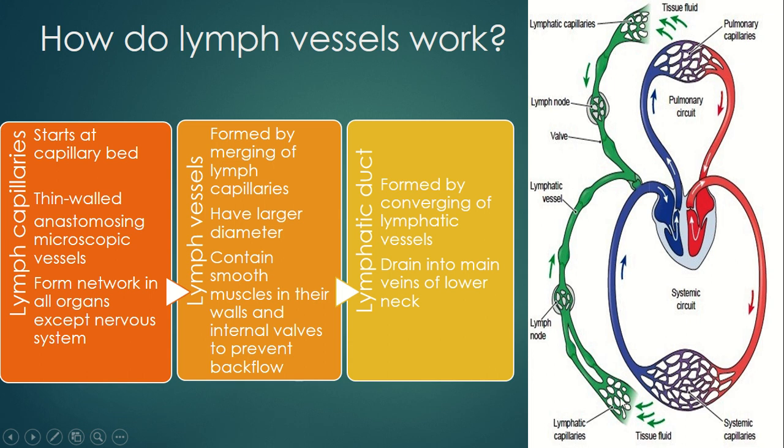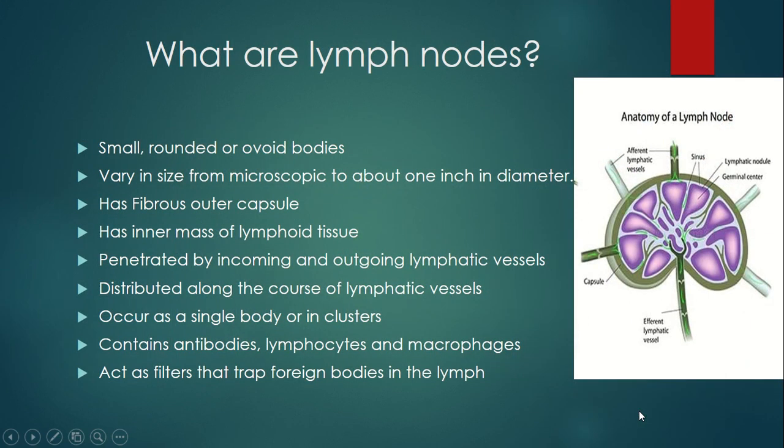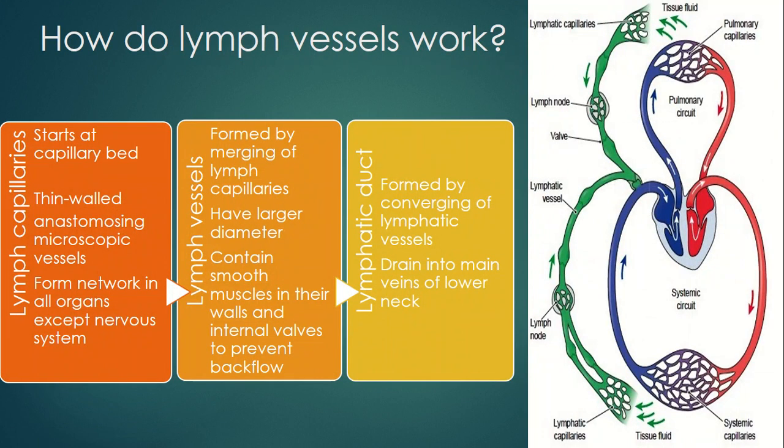These lymphatic capillaries have blind ends, meaning their ends are closed, but their walls are so thin that they allow the fluid from the intercellular spaces to move more readily into the lymphatic capillaries.